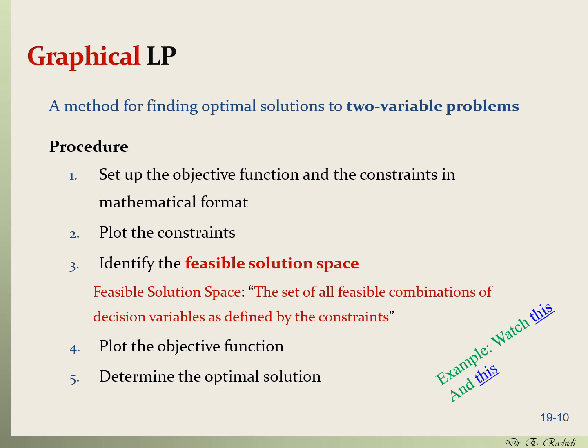And then, based on the constraints, we're going to identify the feasible solution space. That's going to be the solution space confined within those constraints. After that, we're going to plot the objective function. And we're going to move the objective function so that it's going to show us the optimal solution. And then we can determine the optimal solution based on that.